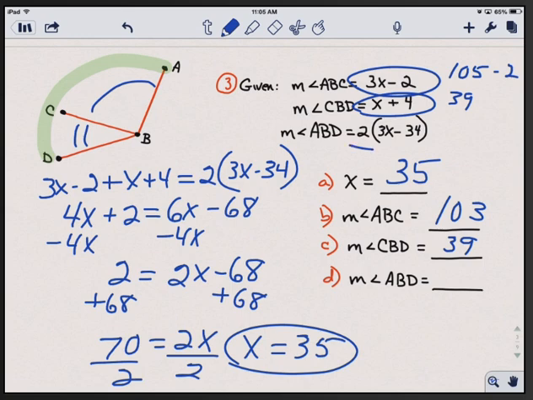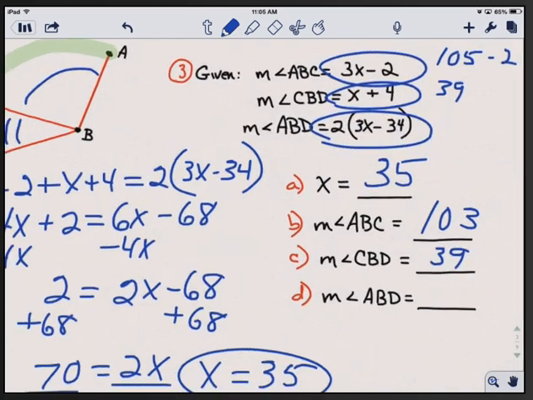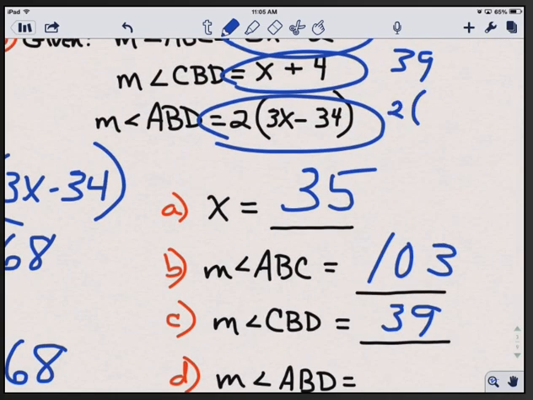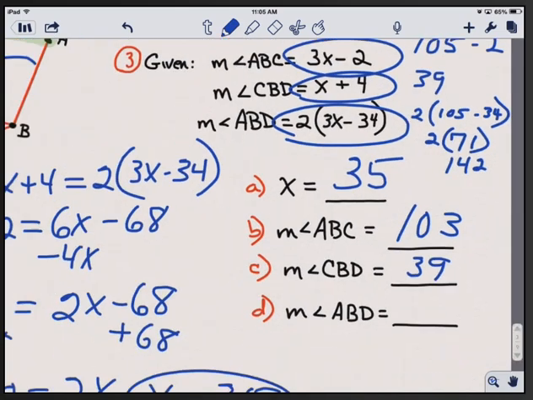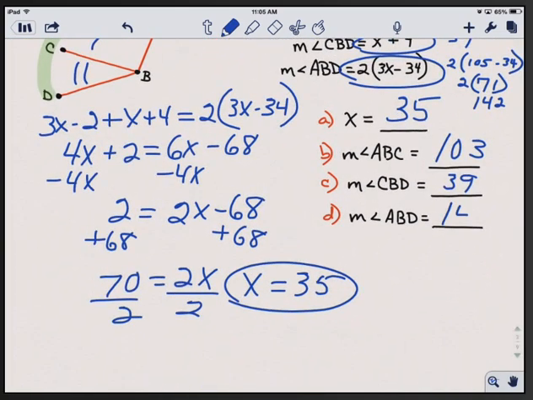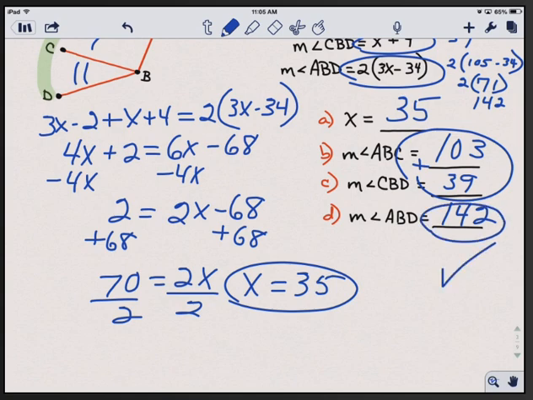And 3 times 35 is 105. So we have 2 times, in parentheses, 105 minus 34. 105 minus 34 is equal to 71. 71 times the 2 out in front gives us 142 for the angle formed by the exterior sides. And notice now 103 plus 39 does add to equal 142. So that answer checks, or all of the answers check.